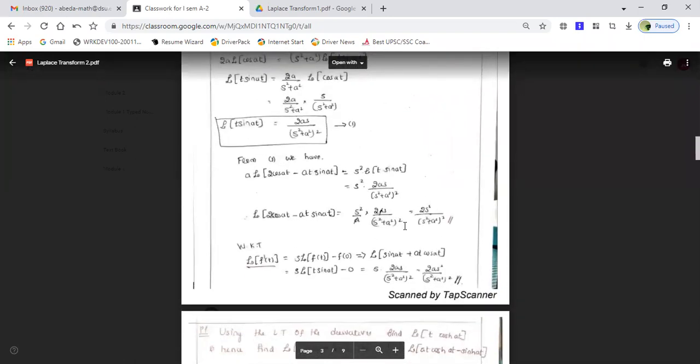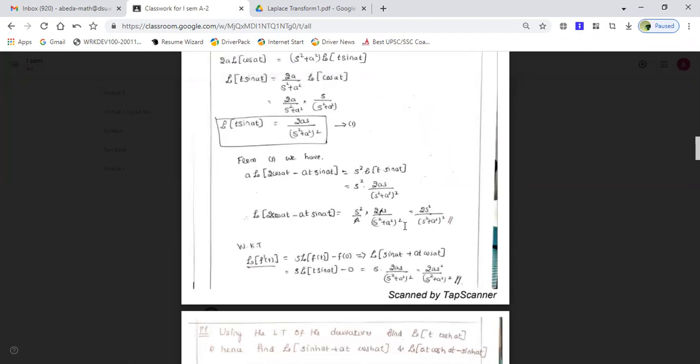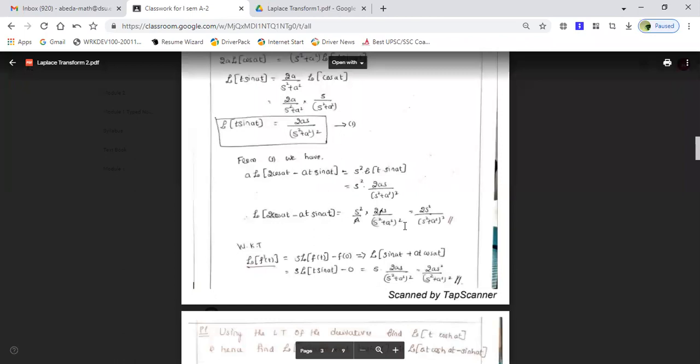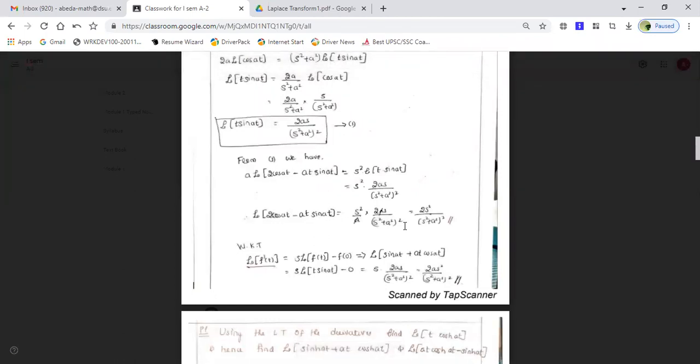It is s into L of f of t minus f of 0. So s into L of f of t means what? It is t into sin at. Here I have written f at the point 0 is 0. So therefore s into, what is L of t into sin at? It is 2as upon s square plus a square the whole square, which I have already calculated from equation 1. Substitute, and we will get the answer as 2as square upon s square plus a square the whole square.